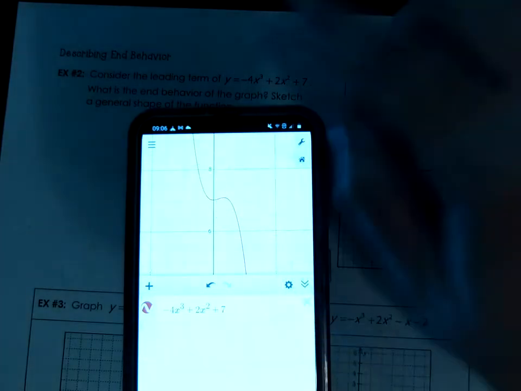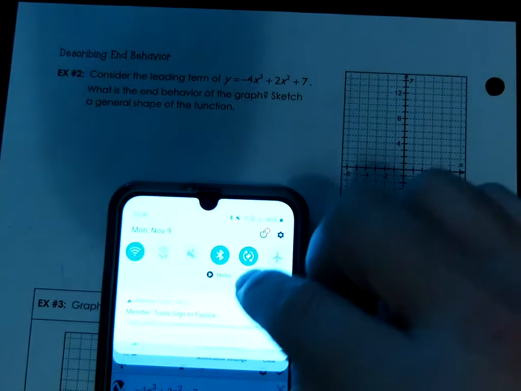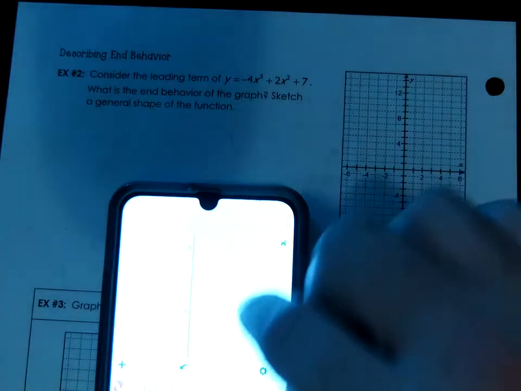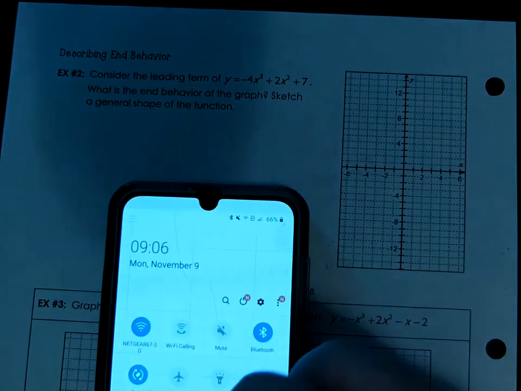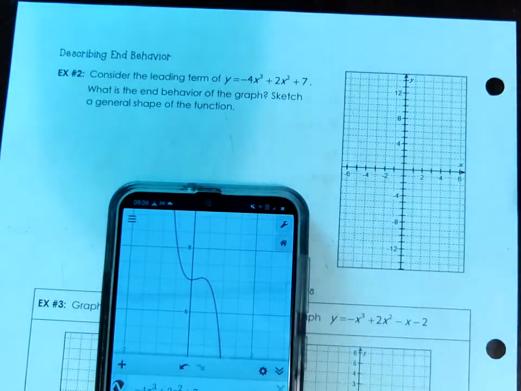I'm going to look at this graph. So here's what I'm interested in right here. Still can't see it very well. A little brighter maybe. Nope. A little less bright. Yeah, there we go.